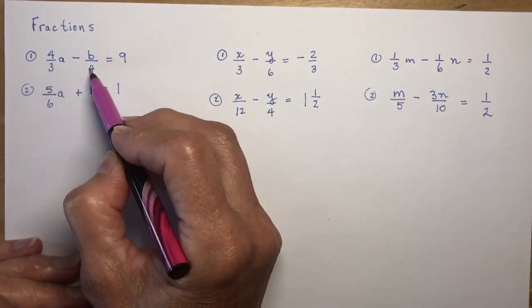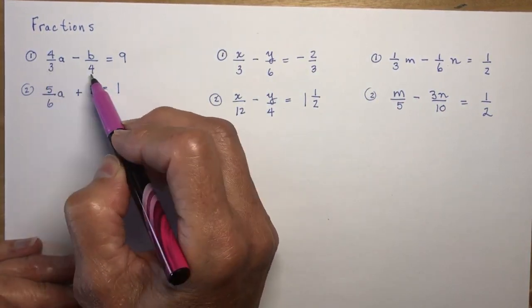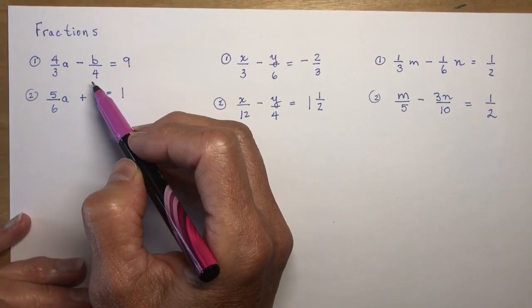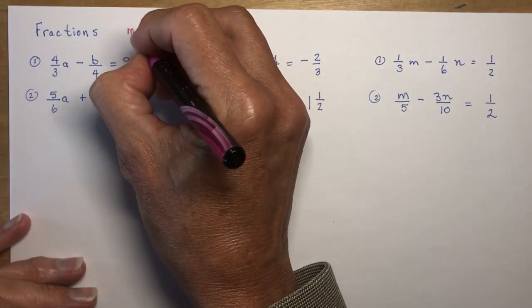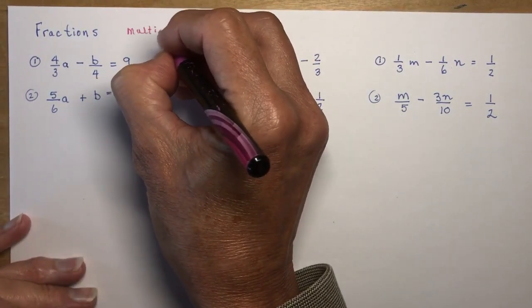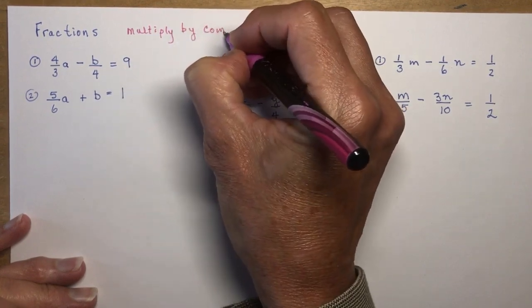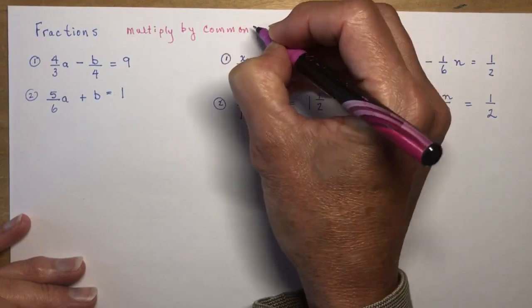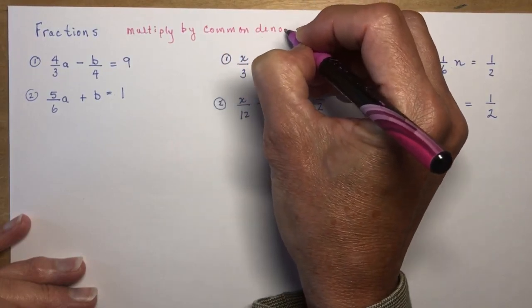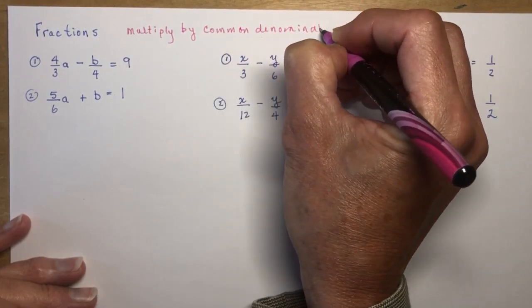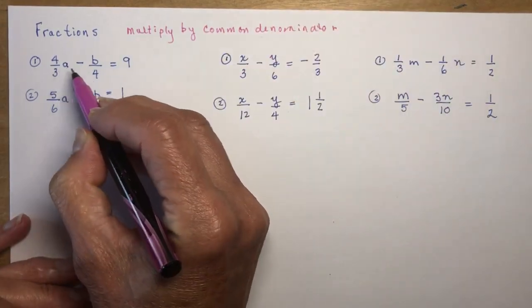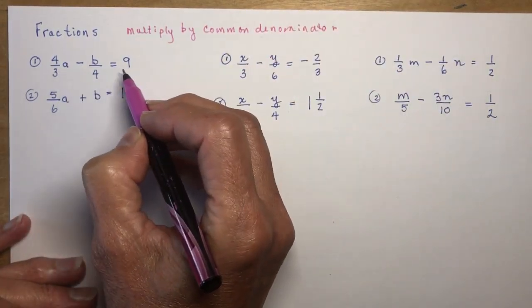So if I wanted to get rid of the fraction here, what you want to do is multiply by the common denominator. So the common denominator of 3 and 4 would be 12, right? So I'm going to multiply each term in this equation by 12.